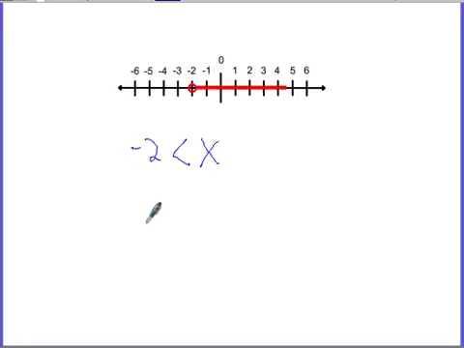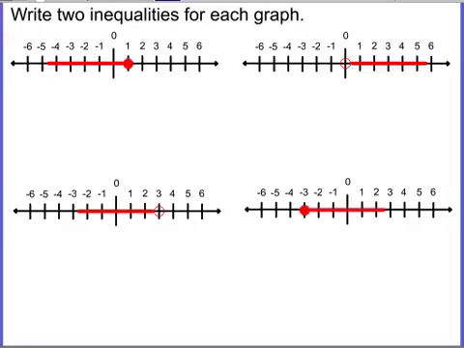So we can write x is greater than negative 2. There you go. Once you have one of them written correctly, you can just turn it around and it will still be correct. So, a few more examples. Write 2 inequalities for each graph.